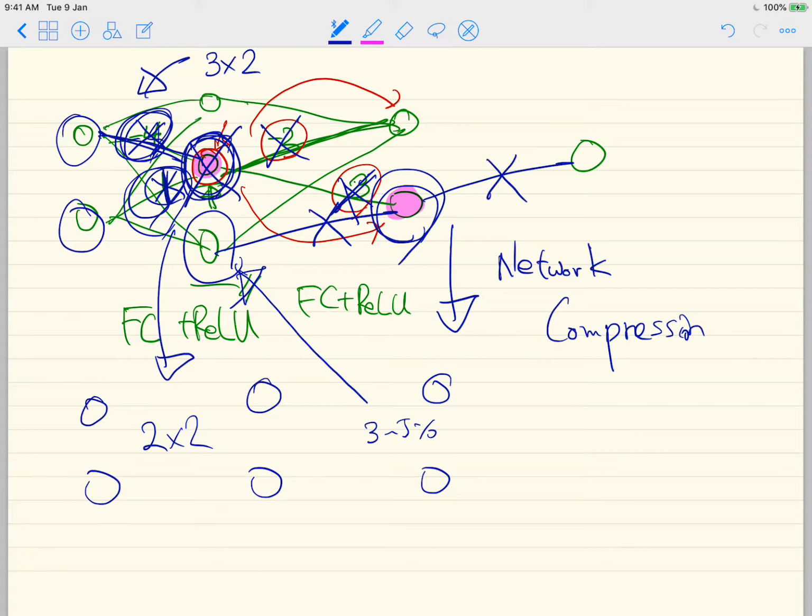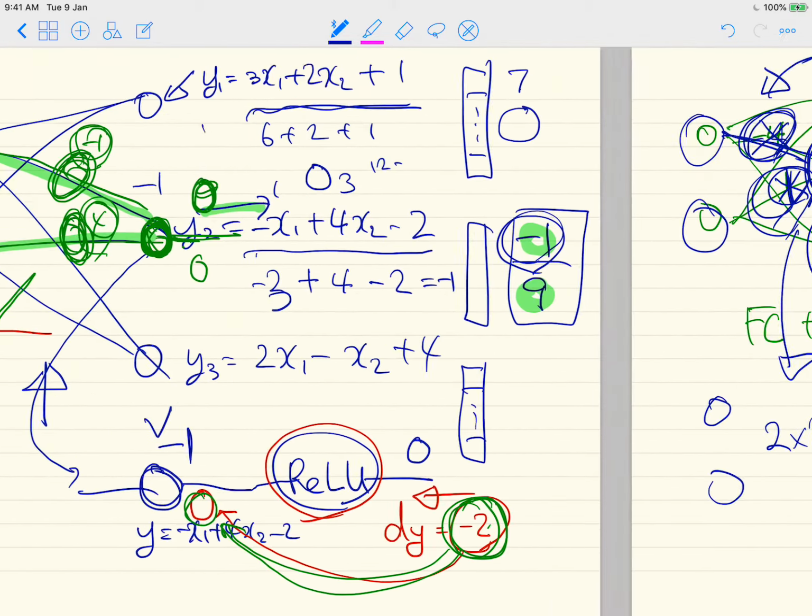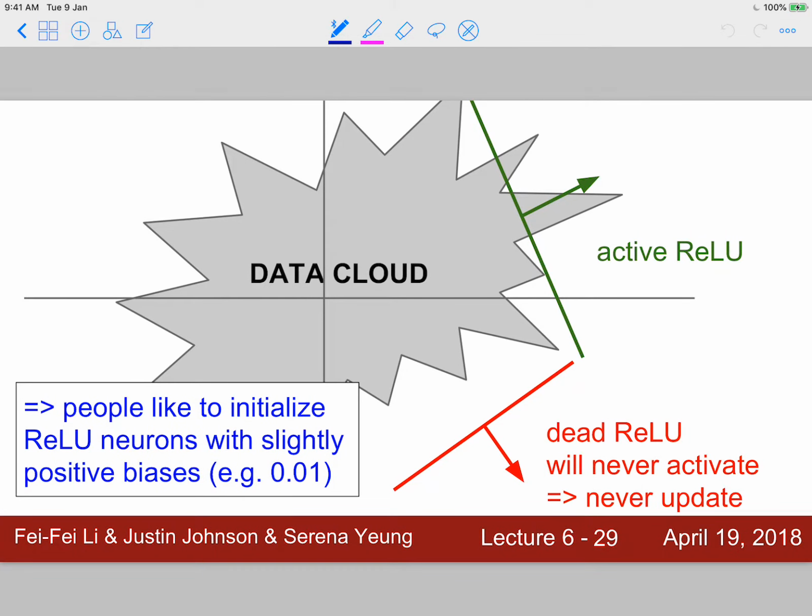And also, this kind of dead ReLU can happen more often when using a large learning rate. Okay, and why is it so? In the CS231n lecture, they mentioned the jumping around of this neural net line, like this.